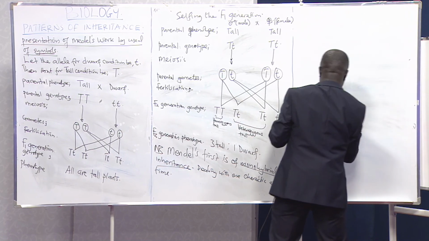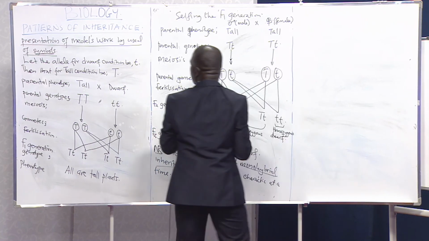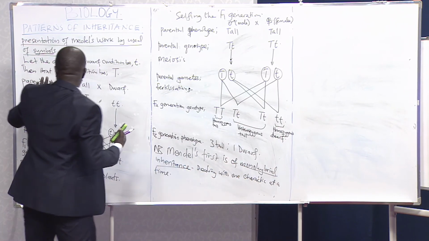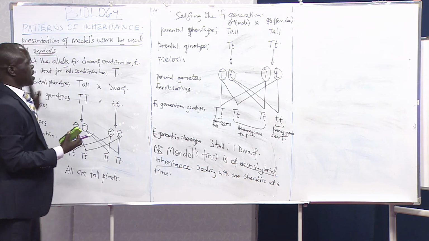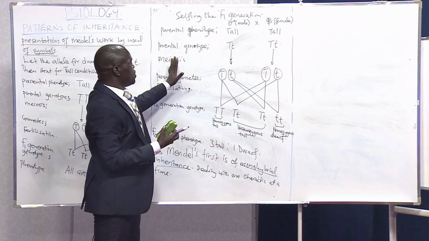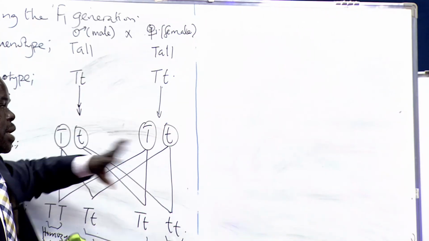The most important thing I want from you here is that you must write the wording at the left hand side. If you don't write, that means your work will not work.